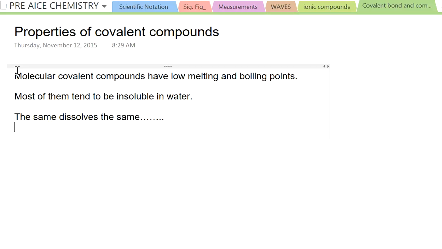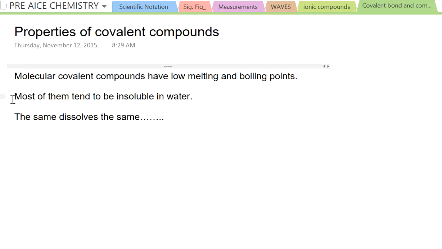For example, alcohol is a compound that is polar. So we can dissolve alcohol in water. Oil is a non-polar compound, so we cannot use water to dissolve oil.